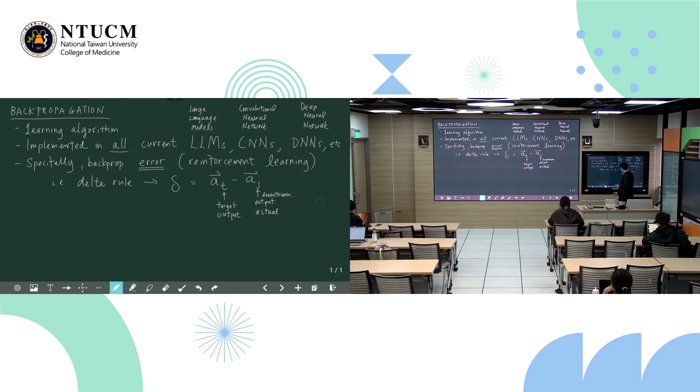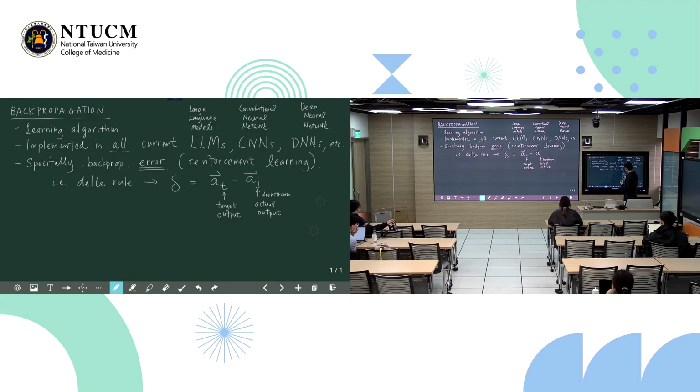Actual output, okay? So let me flip this around. And if you compare the two, simply you do a contrast, right? That's what delta represents. The delta rule means that whatever it is, we take the delta and we sort of consume it, we backprop it so that the network learns from the error.